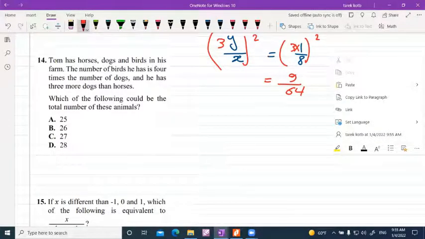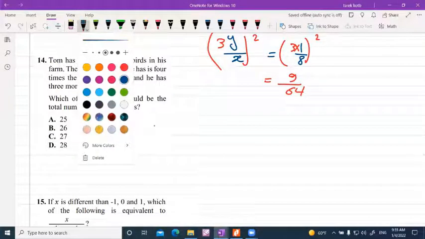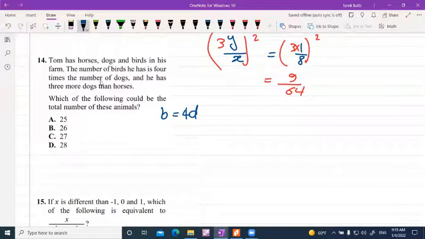Number 14. Tom has horses, dogs, and birds on his farm. The number of birds he has is 4 times the number of dogs. Good.